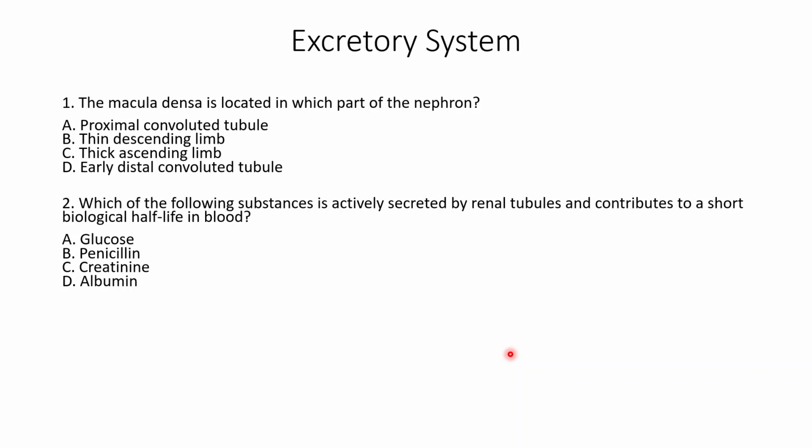Meanwhile penicillin, right, the very well known antibiotic drug that you guys are aware of, is very efficiently secreted by renal tubules into the filtrate. And pharmacologically speaking, when people design drugs, they want to know what the plasma half life is, right?